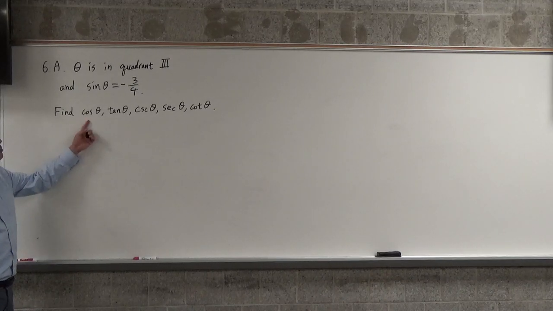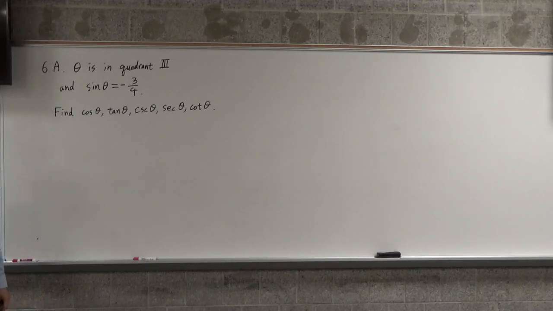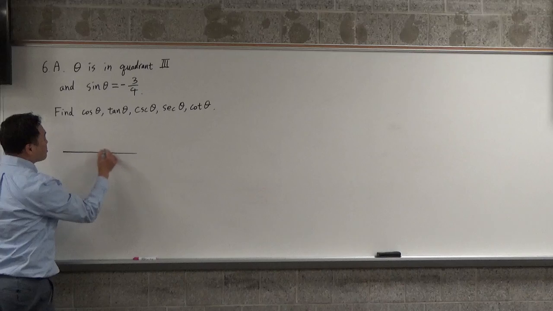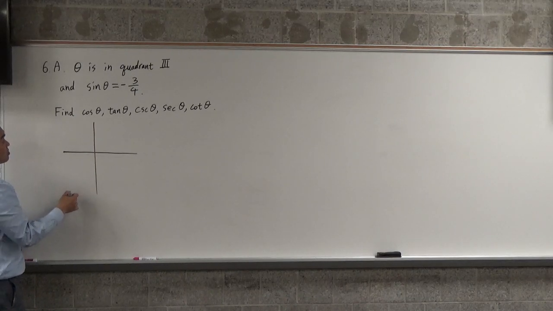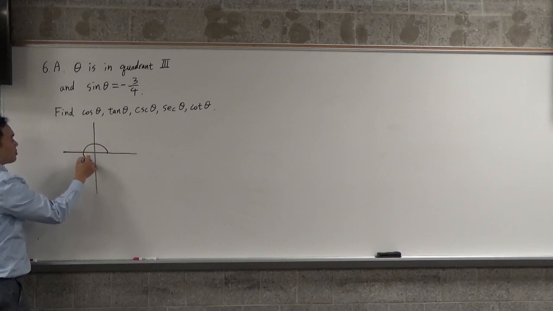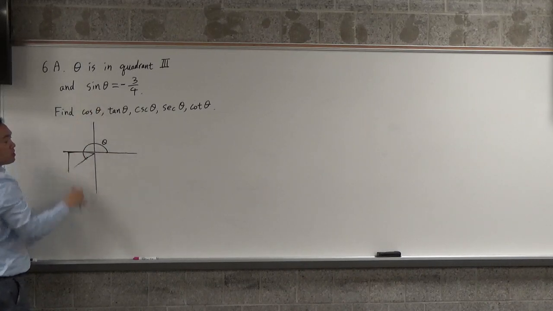The value of sine is given, and you have to find the value of the other trig functions at that angle. Now, such a question should make use of the reference triangle, because in quadrant 3 this angle theta must be somewhere here, and then you can draw some kind of reference triangle that would match with this.